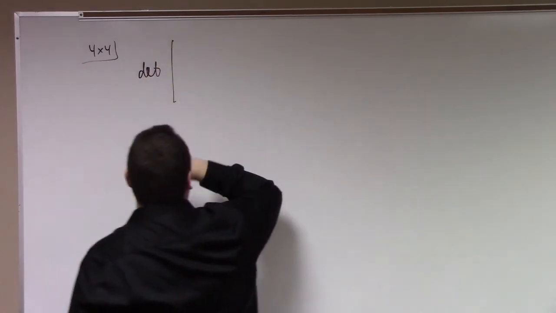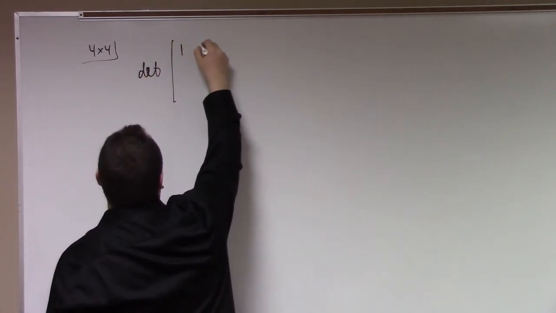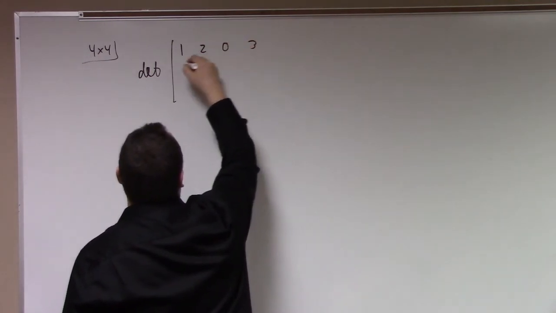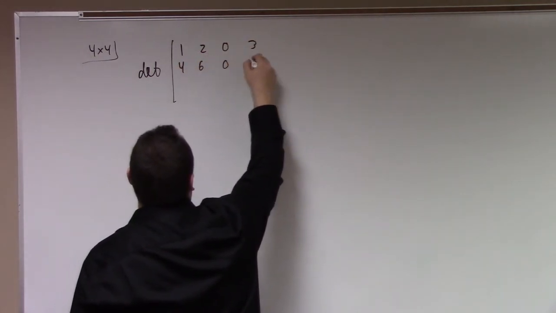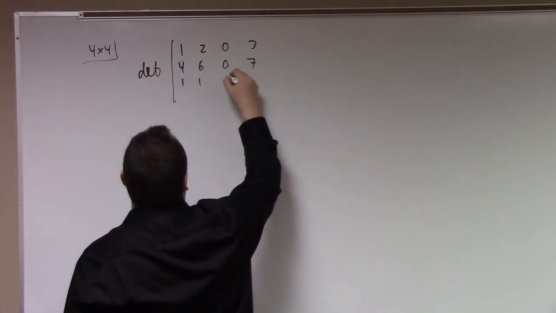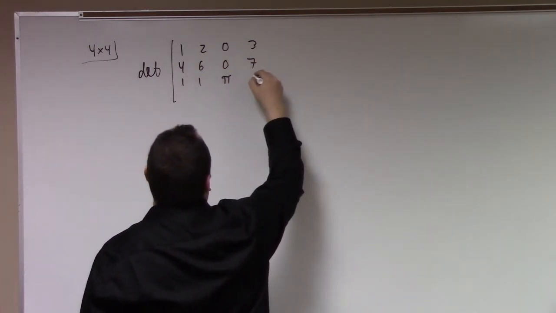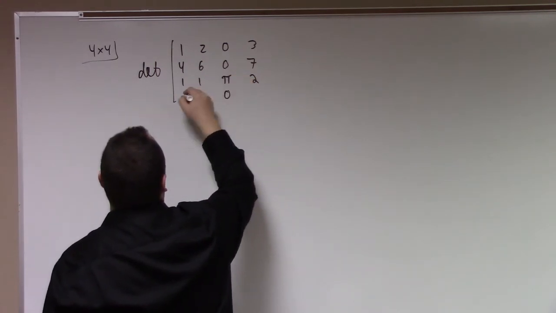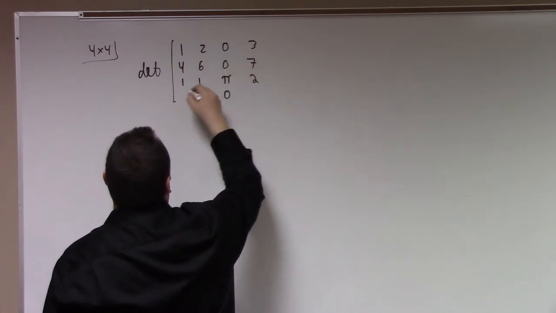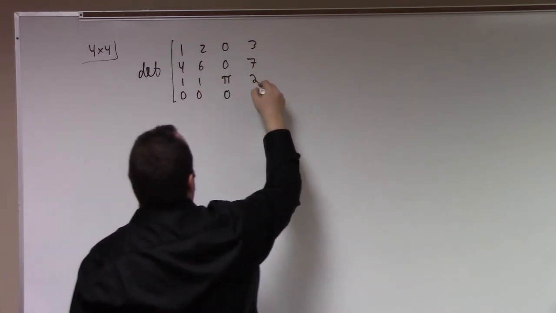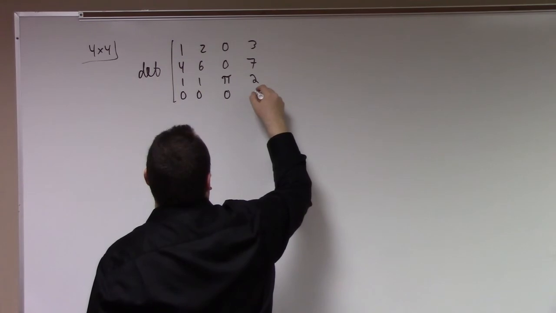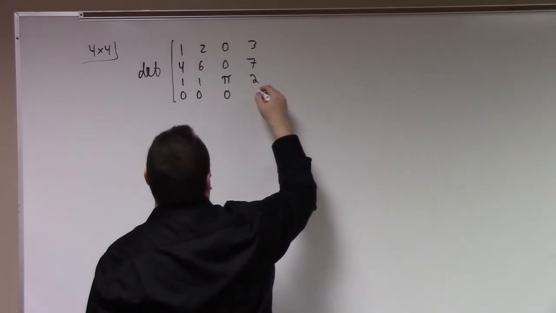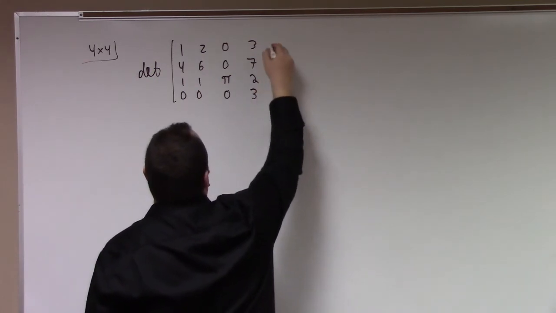Suppose I had the determinant of 1, 2, 0, 3, 4, 6, 0, 7, 1, 1, pi, 2, and then 0, 0, 0, 3. Thank you. So I got stuck there.